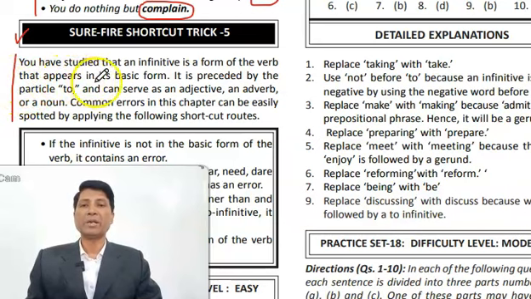You have studied that an infinitive is a form of the verb that appears in its basic form. It is preceded by "to". We have discussed it at length, and it can serve as an adjective, an adverb and a noun. Common errors in this chapter can easily be spotted by applying the following shortcut routes.